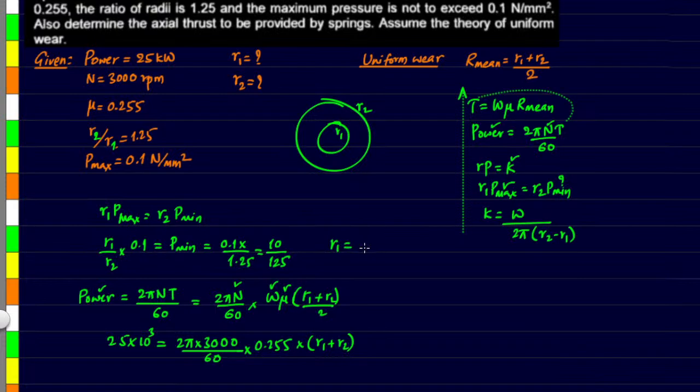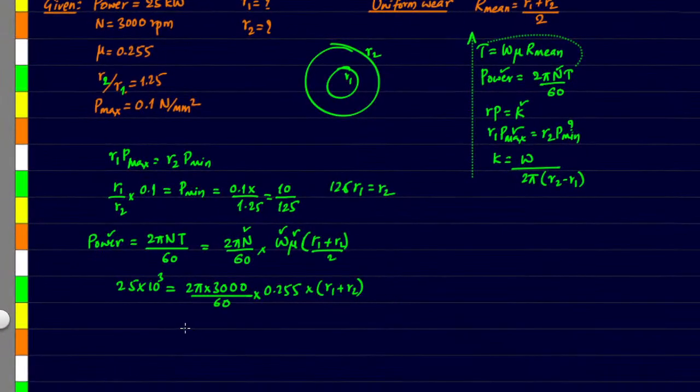So R2 equals 12.5 times R1. So R2 we can substitute here and we can find the value of R1.